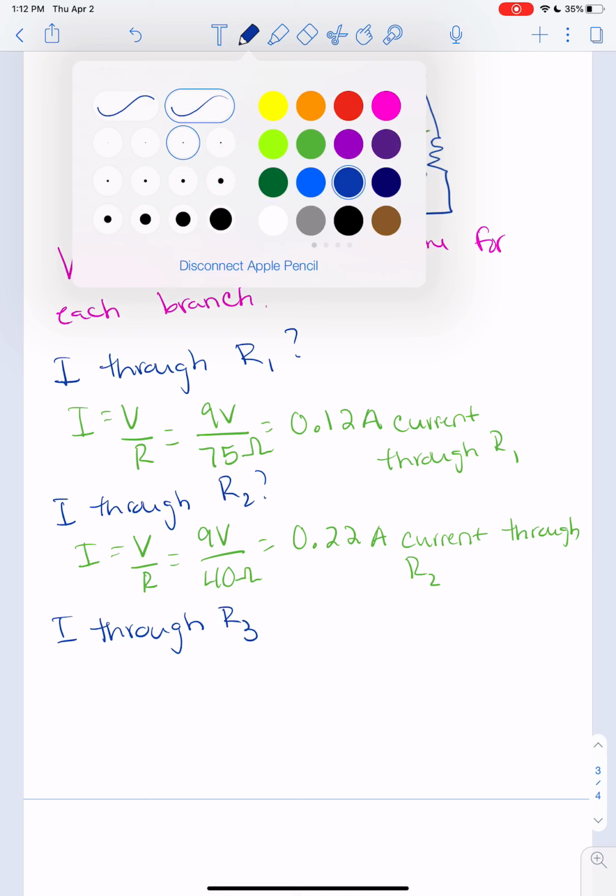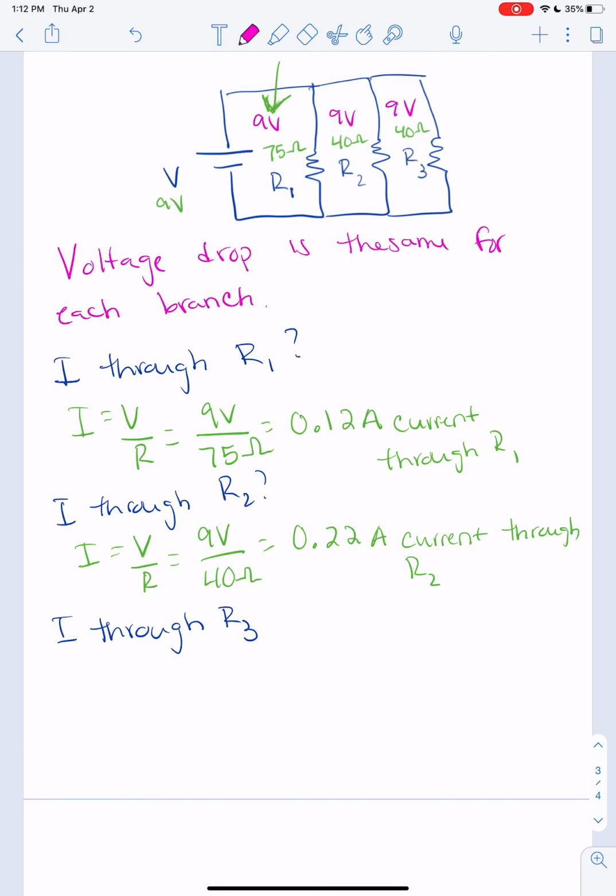Or there's a second way to solve this problem that is sometimes useful, and that is because the current through all the branches has to be equal to the current through the voltage source. Okay, so the current through the voltage source, I'm putting IV for current through the voltage source, has to equal the current through the first branch plus the current through the second branch plus the current through the third branch, right? They all have to add up.